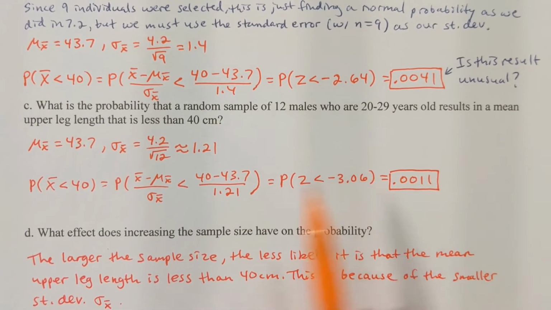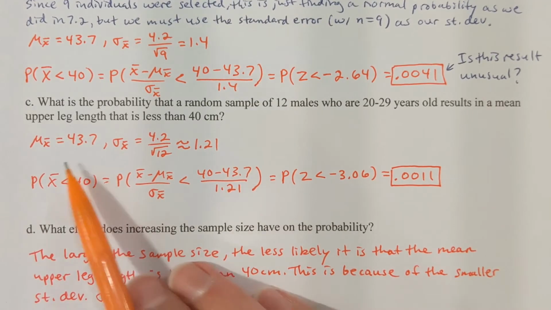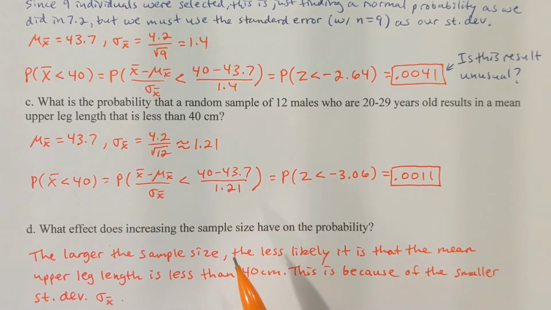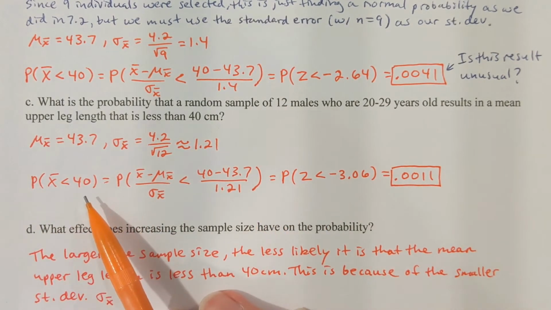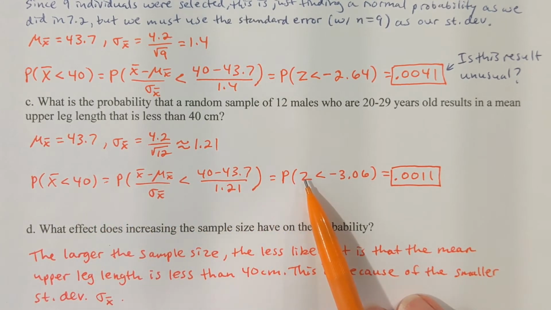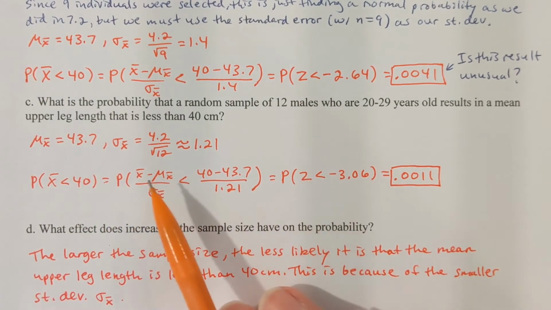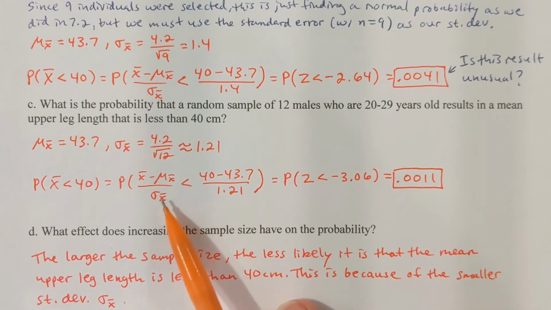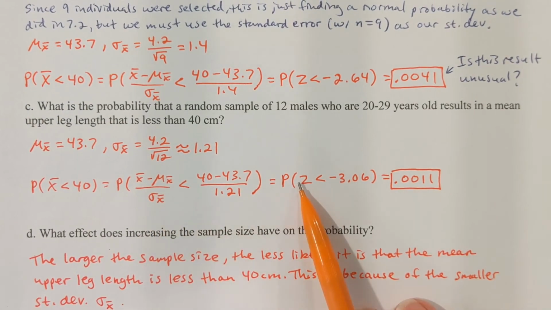Okay, now we want to find the probability that the sample mean of these 12 individuals is some number less than 40 centimeters. Again, we got to change the variable to get our z-score. So I'm going to say x bar minus mu sub x bar over sigma sub x bar to get my z-score.